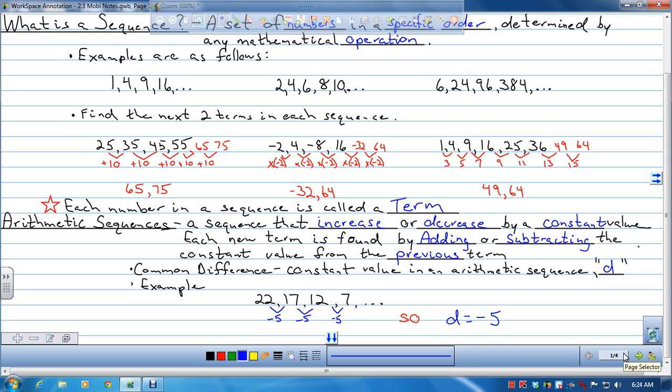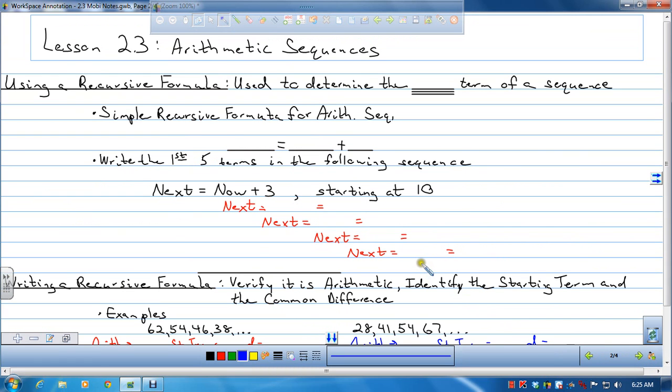Alright, we're going to move on. We're going to talk a little bit about the formulas that we can use. The first one is very basic. It's simply one that is going to be used to find the next term of a sequence.